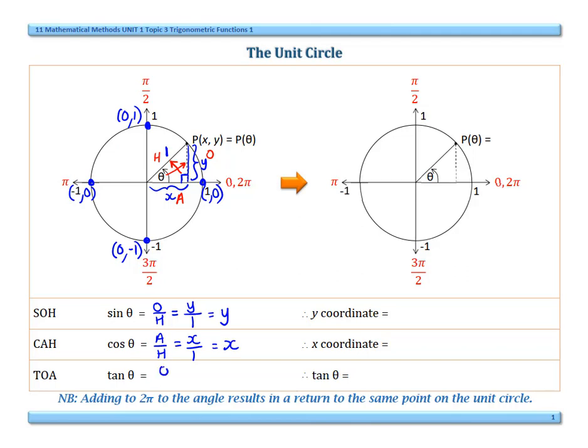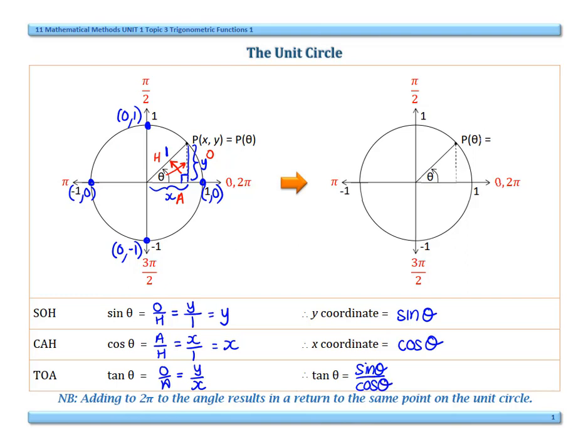Tan theta is opposite over adjacent, so that would be y over x. So therefore my y coordinate is given by sine theta. So if I know the value of theta, I can work out what my y coordinate is. My x coordinate is given by cos theta, and interestingly tan theta, which is y over x, is sine theta over cos theta.